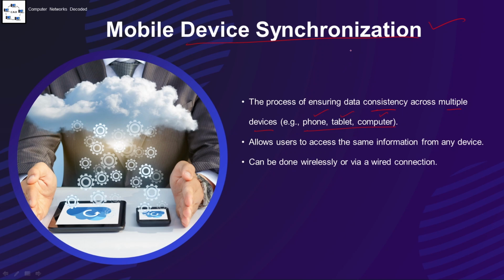So the synchronization basically helps synchronize all the configuration and data changes across all these devices. So this feature allows users to access the same information from any device because the information is synchronized across all devices, and this synchronization can be done either wirelessly or through a wired connection.